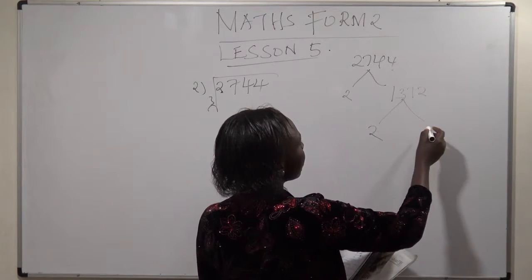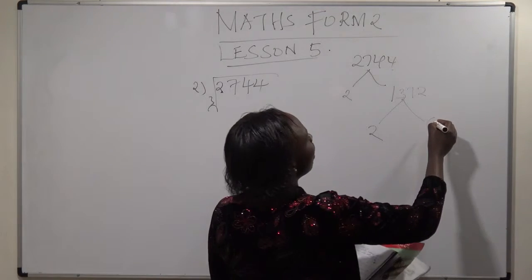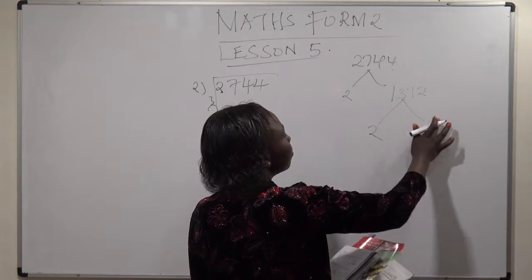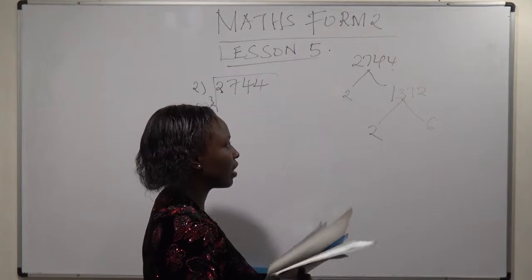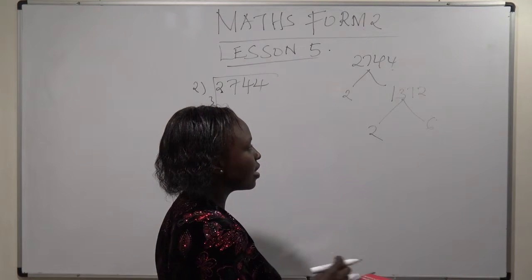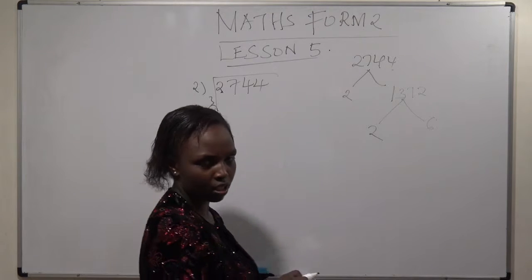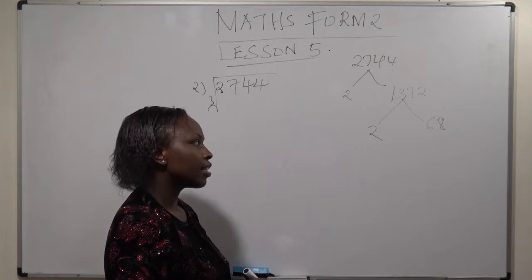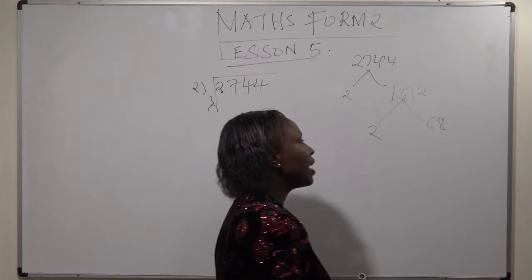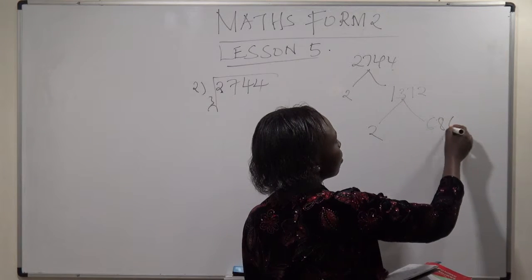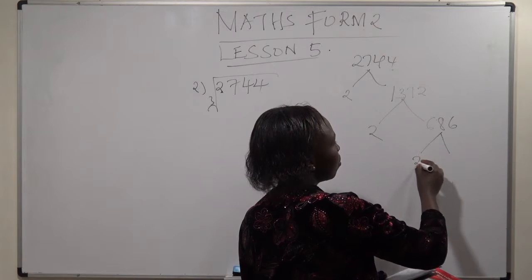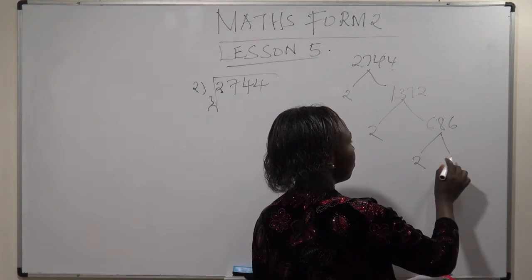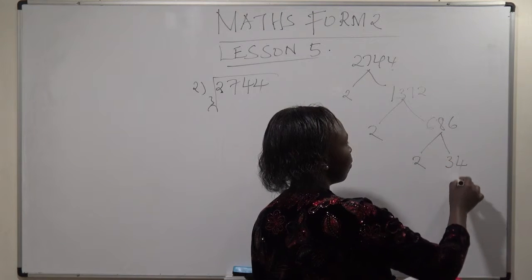Then by 2 once again, that gives us 686. Then by 2 you get 343.